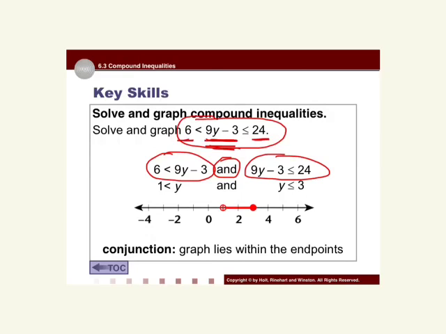And then we solve each one separately, and we have y is greater than 1, so it's open at 1 going to the right. This is y is less than or equal to 3, so it's closed going to the left. And then it's just where they're overlapping. So again, the answer is just exactly what they have written there. Okay?